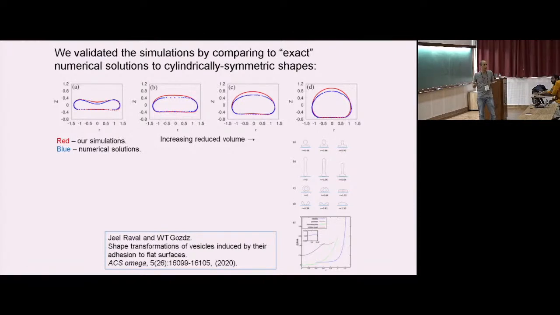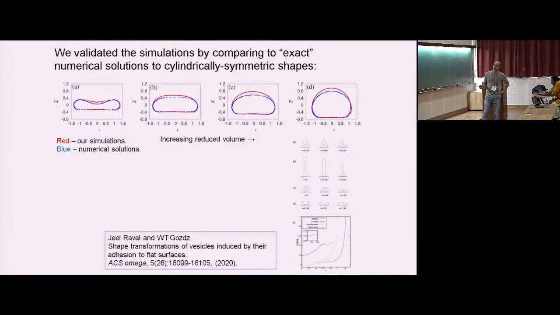They are not perfect, but they are not so bad. You can get all kinds of very funny shapes when you have the solutions of a membrane with different ratios of volume to area and different strengths of adhesion. So if you're interested, you can read all about these analytic or semi-analytic solutions in this paper.